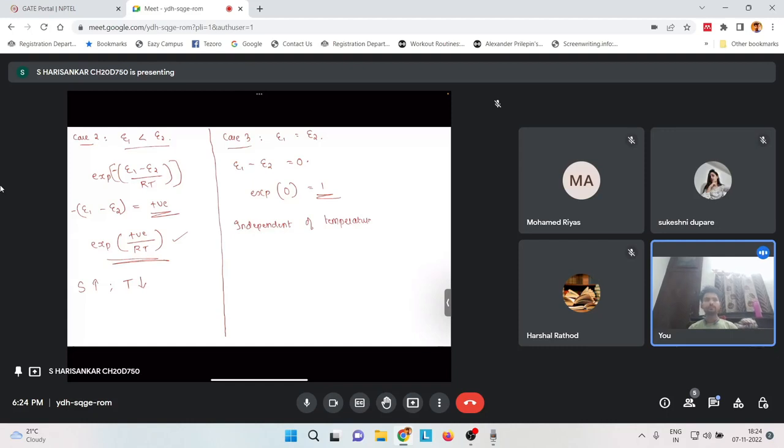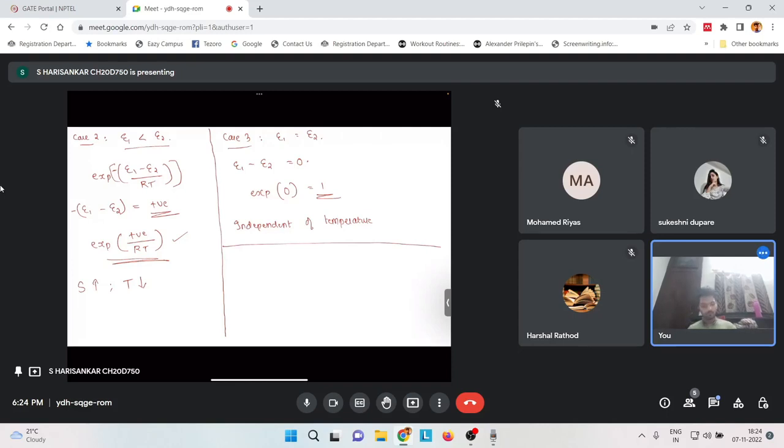Okay, so this is case 3 for this parallel reaction and how we can increase the selectivity. We can even apply this for more complex parallel reactions.